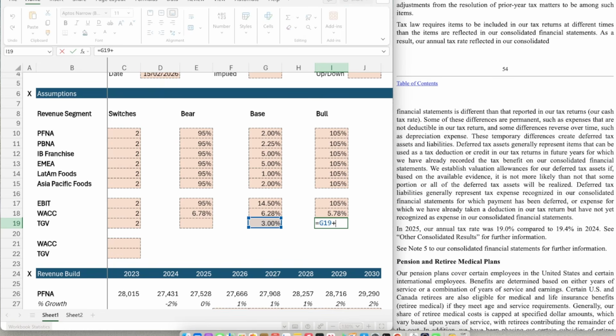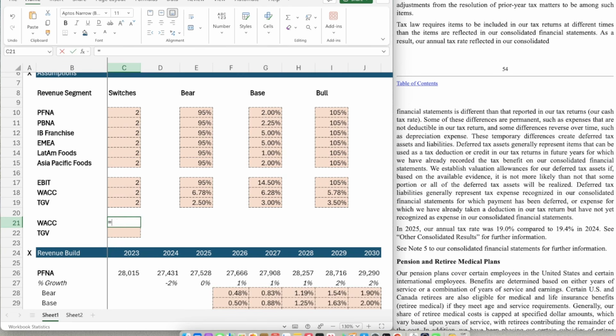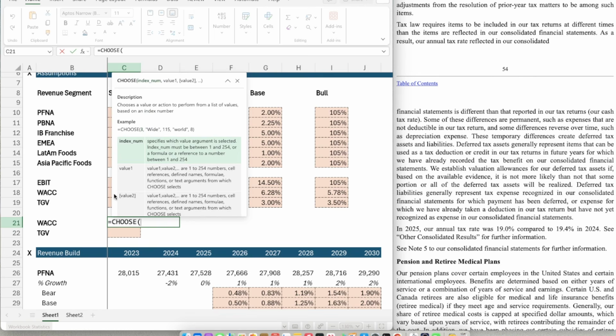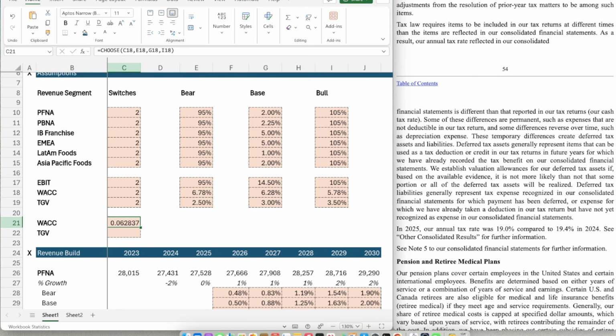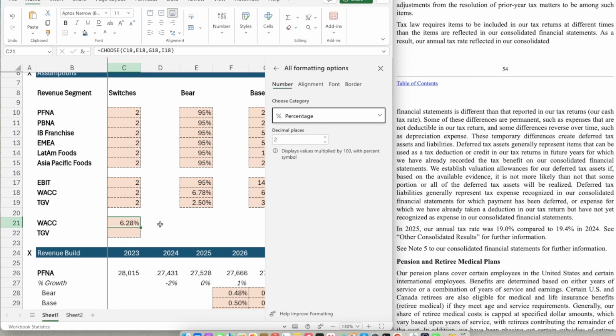Bullish, we're going to add 0.5%. Bearish, we're going to subtract 0.5%. Now, to be able to use the switches on the WACC, we just go equals, choose, and you just select all of these in order.